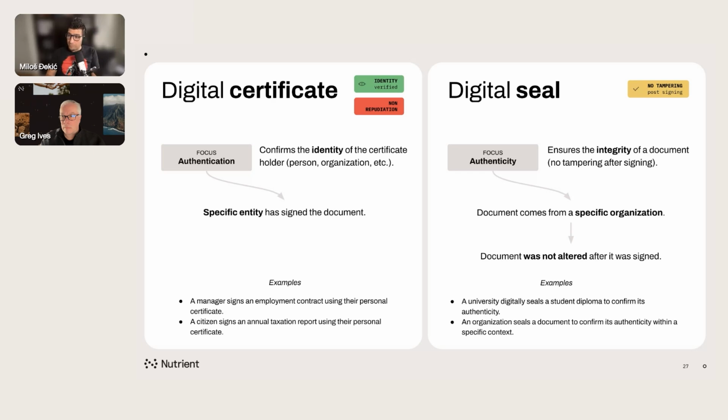I basically use my ID to authenticate with my government, and there's a digital certificate that bears my identity that gets applied to the document, and that's how I can guarantee with non-repudiation that it was me who signed that tax report, whatever.